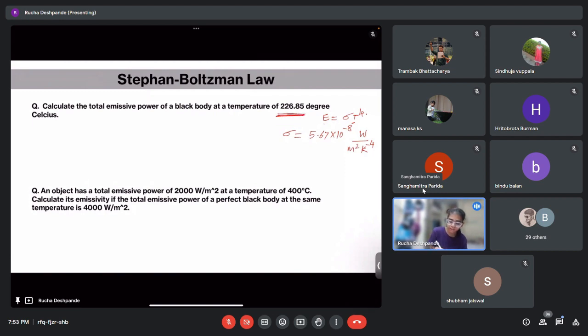The conversion from degree Celsius to Kelvin is, you have to add 273.15 to convert it to Kelvin. So your temperature will be 226.85 plus 273.15. So this is 500 Kelvin. Now it should be easier.